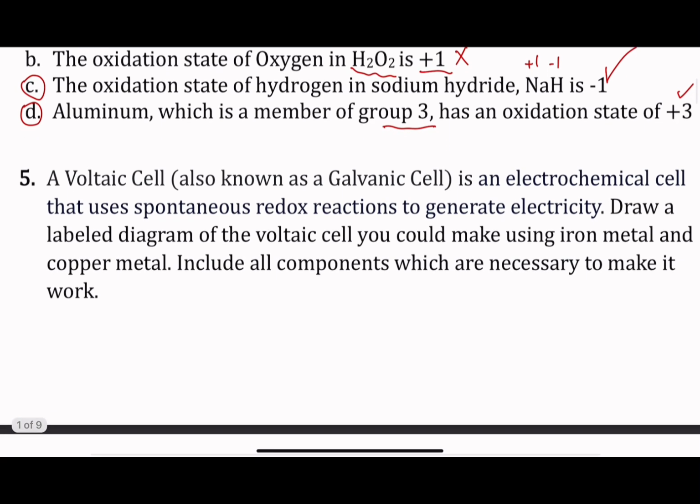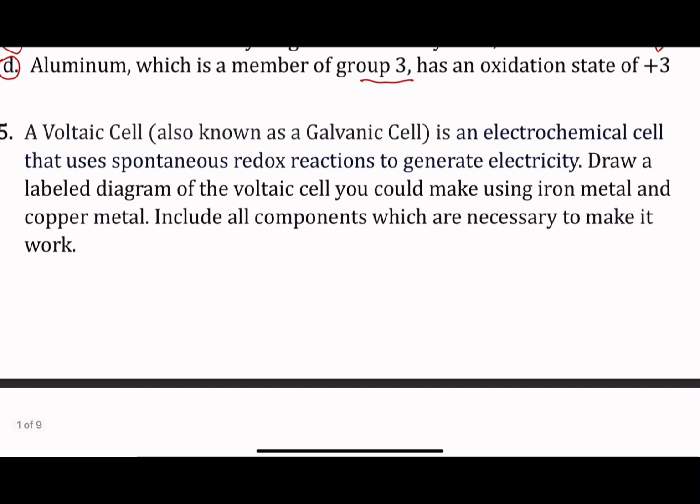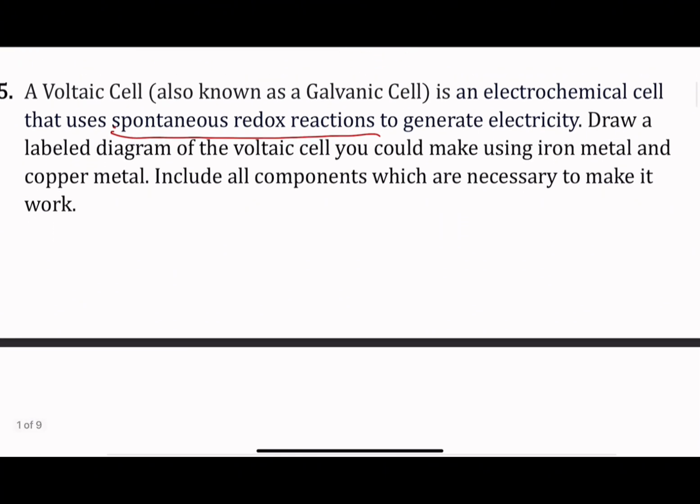Now, a voltaic cell, also known as a galvanic cell, is an electrochemical cell that uses a spontaneous reaction to generate electricity, and so on. These are all the information you know. Draw a labelled diagram of a voltaic cell you could make using iron metal and copper metal. We have done the actual experiment in the lab.